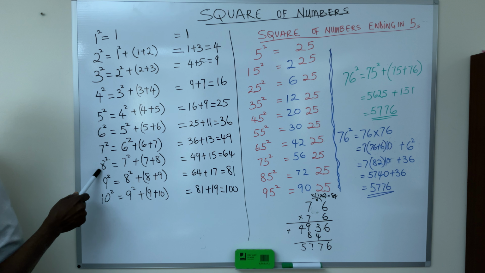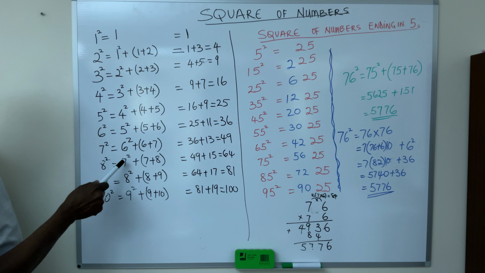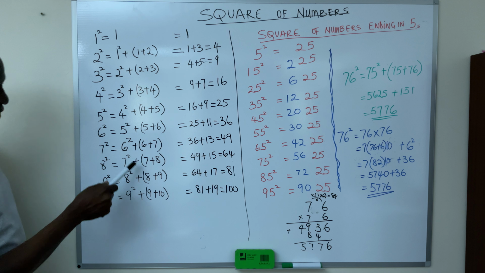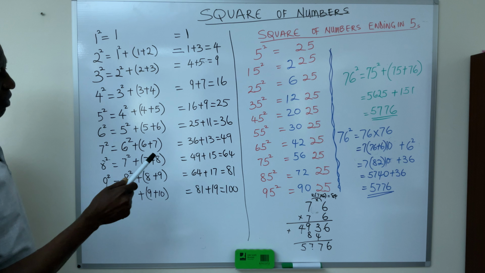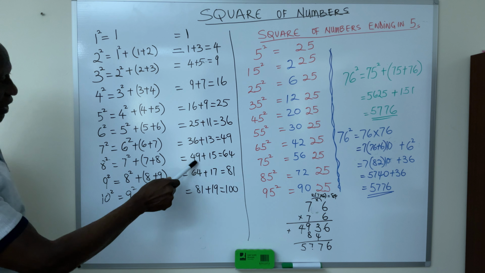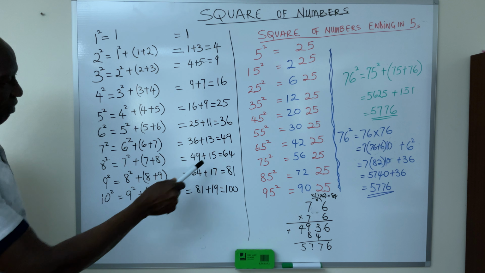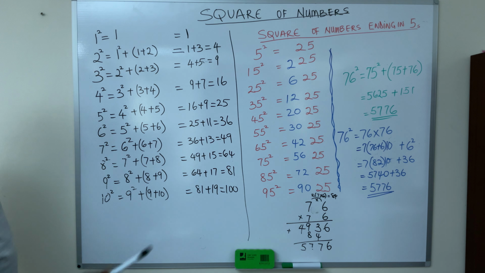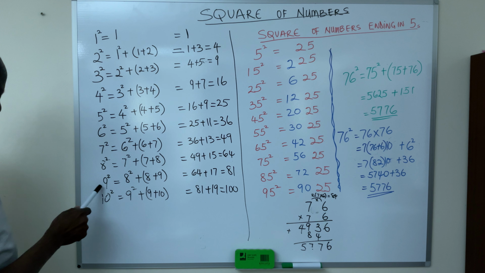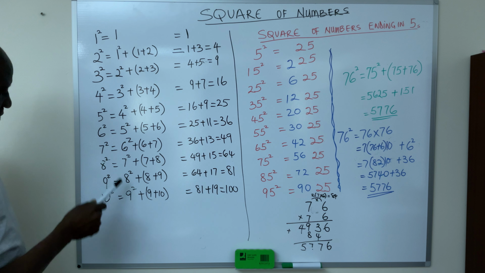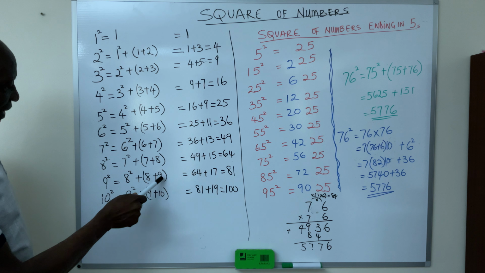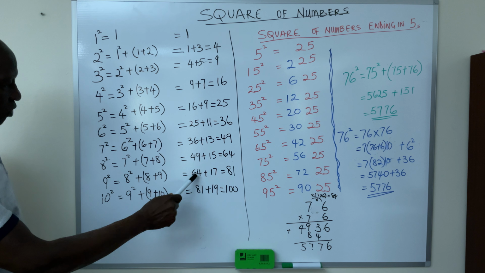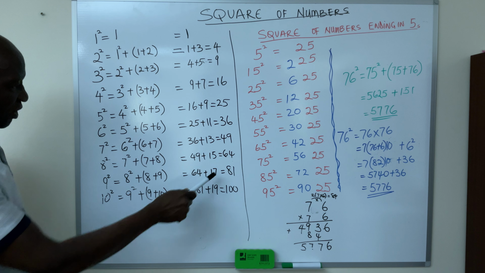The square of 8 is equal to the square of 7 plus the sum of 7 plus 8, which is equal to 49 plus 15, and that gives 64. The square of 9 is 8 squared plus the sum of 8 and 9, and that is equal to 64 plus 17.